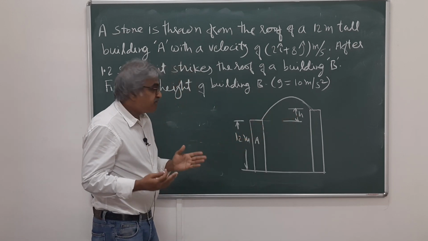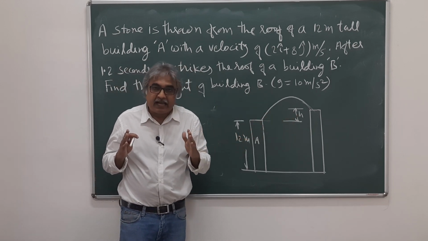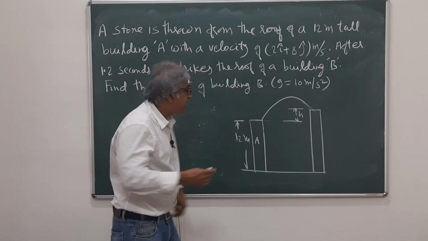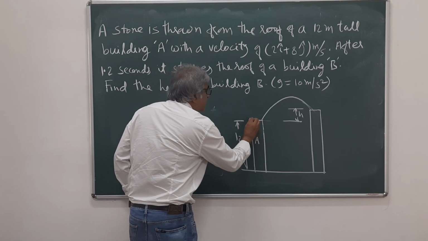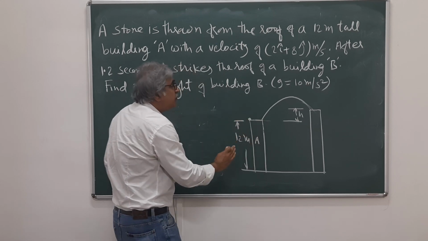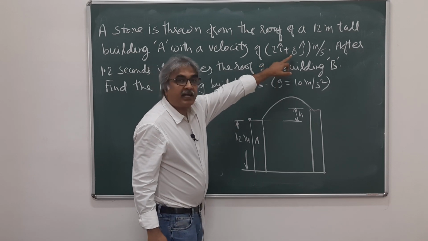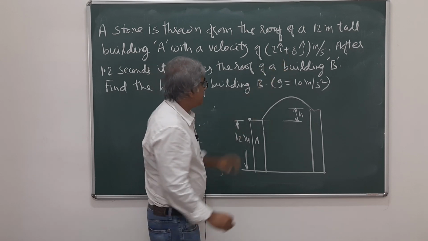You know that problems on projectile can be solved by isolating the vertical and horizontal motion. Suppose from this building you throw a stone vertically upwards with the same initial vertical velocity of 8 meters per second.